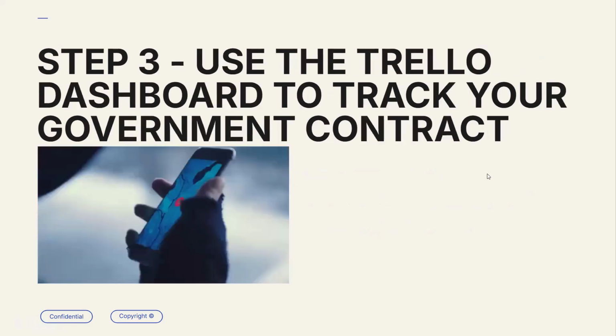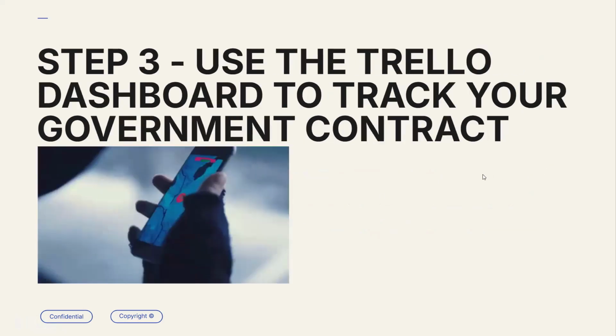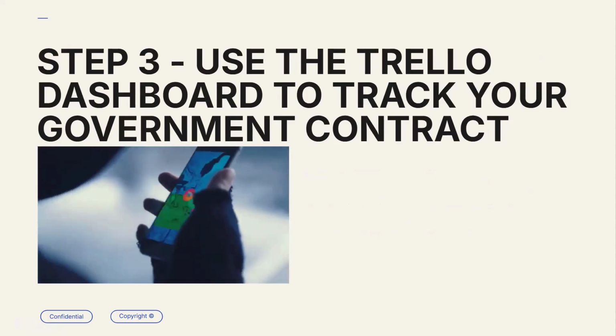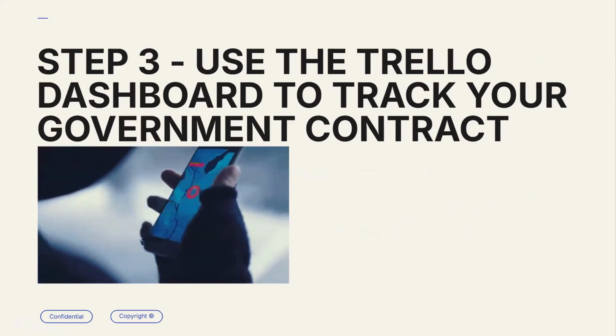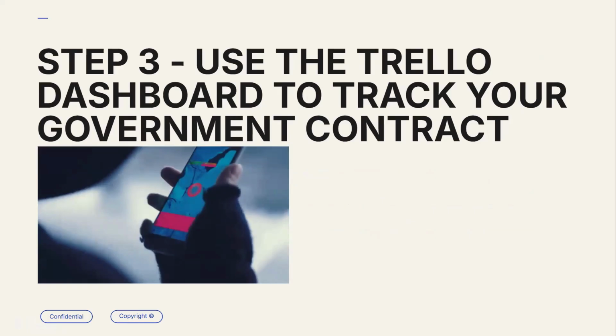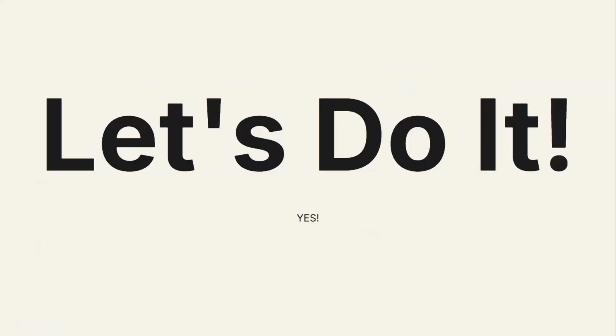And then step 3, you're actually going to use the Trello dashboard to track your government contracts. That's it. I know, extremely simple. How did we even get here? It's that simple. So guys, let me show you exactly how it's done.